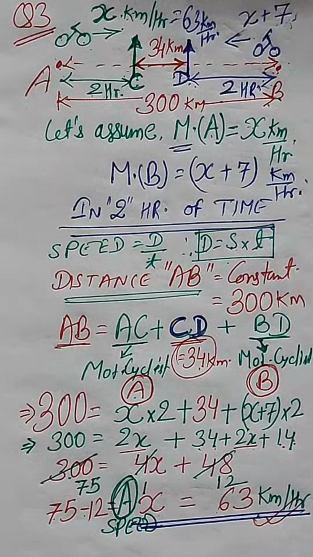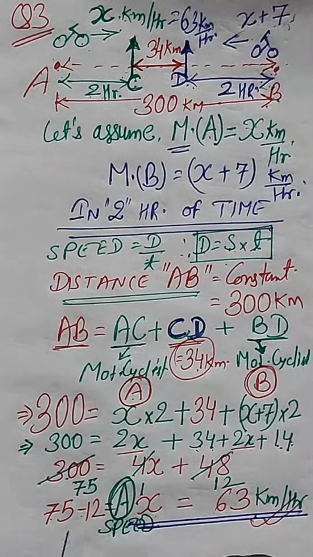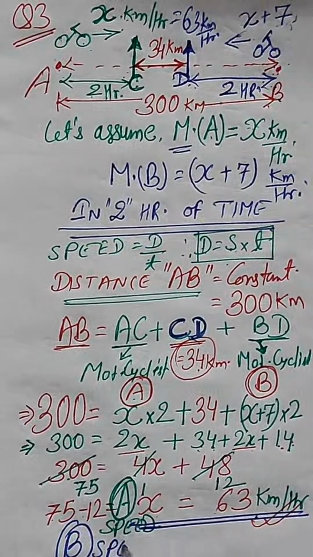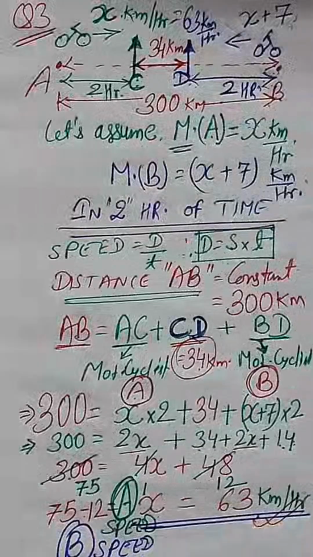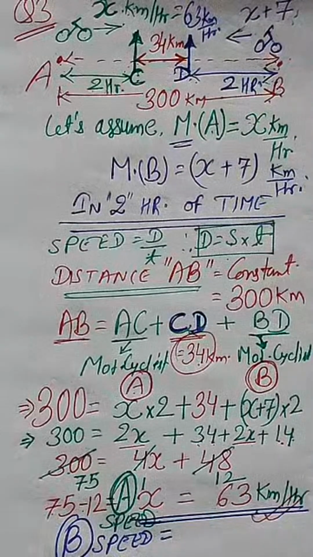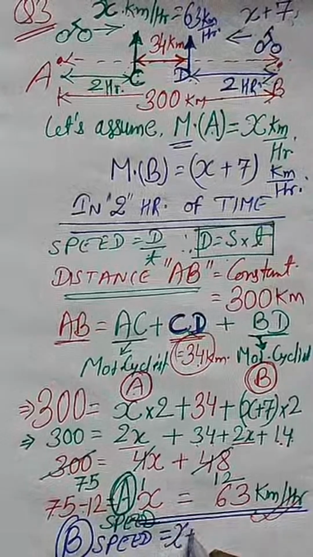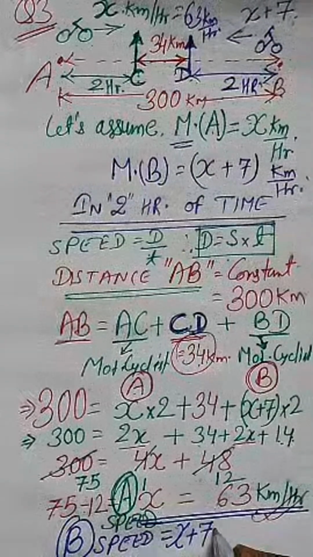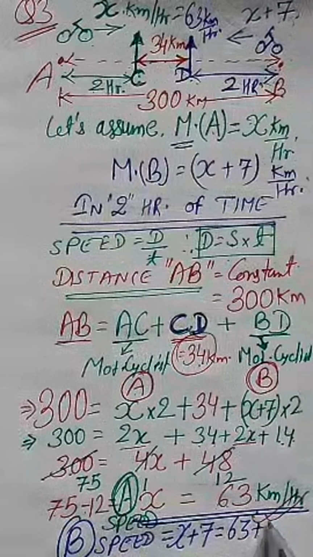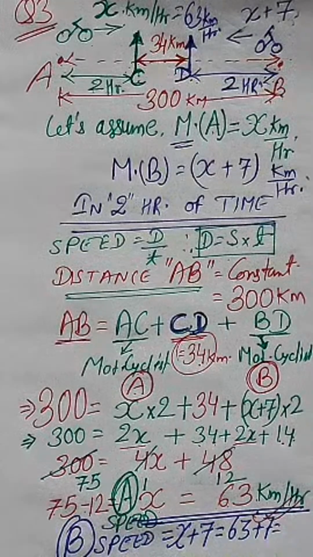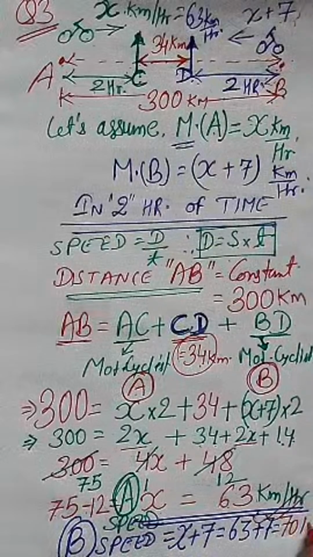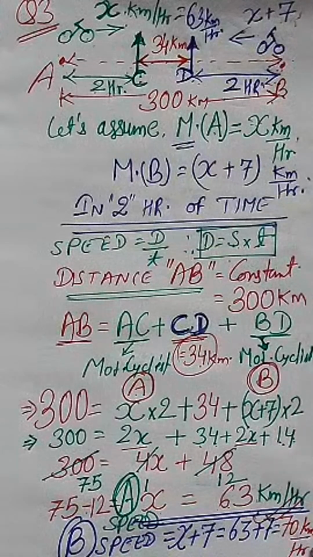Now, what is the speed of B? The speed of motorcyclist B is calculated as x plus 7. And what is the value of x which we have calculated? 63. So this will be 63 plus 7, which will be coming as 70 kilometer per hour.